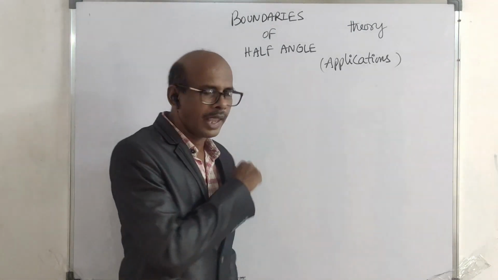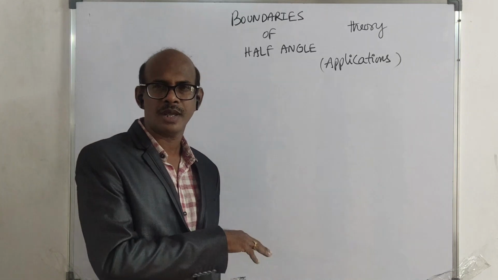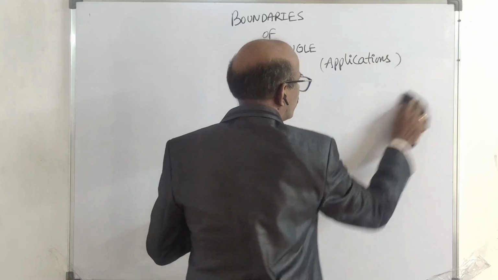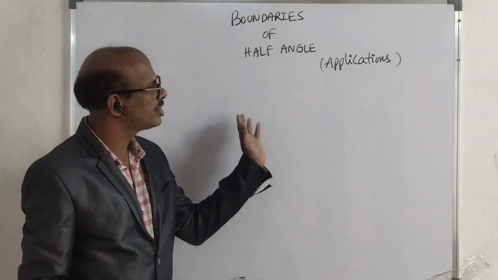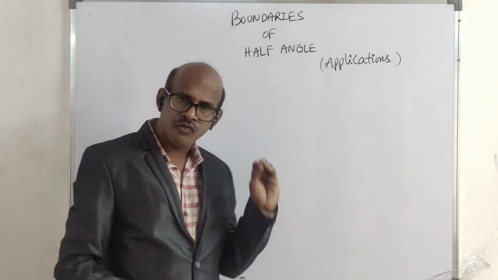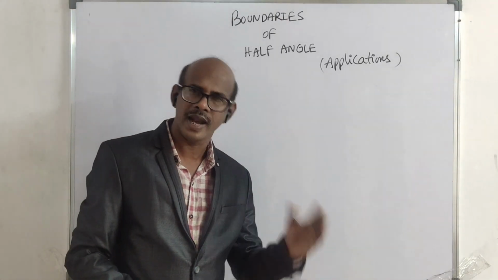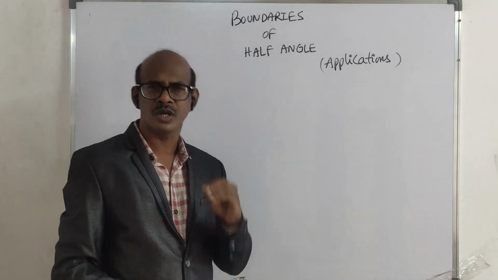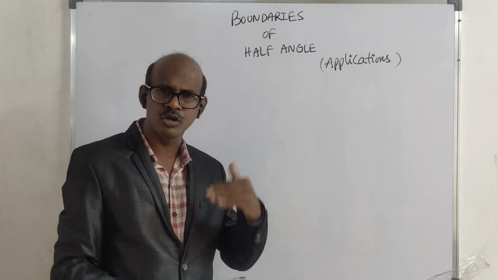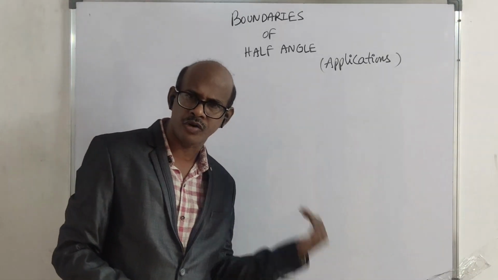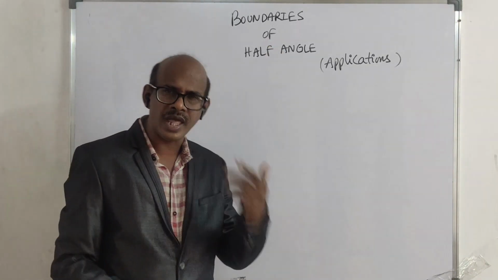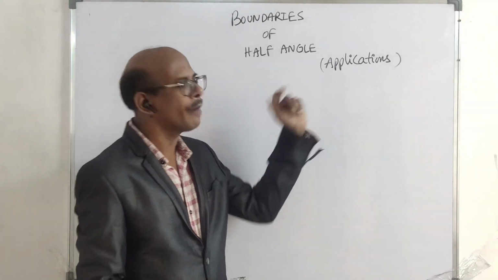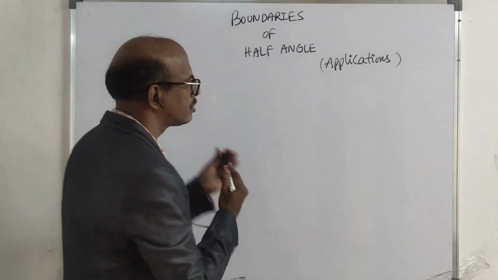Now, in boundaries of half angle, the same concept, I am going to give applications, means examples. Please, my dear students, be cautious. First finish watching the first video on boundaries of half angle, then it will be easy to understand the applications, means examples. Concentrate.